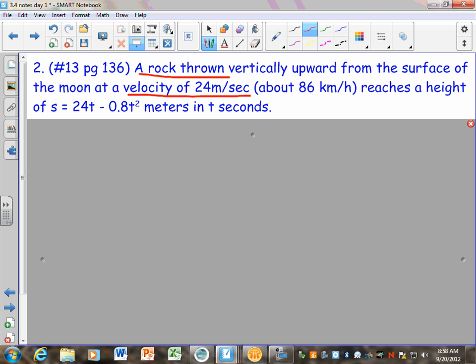And it gives you that starting function. It says it reaches a height of s equals 24t minus 0.8t squared meters in t seconds. That means if I said how high was the rock after 4 seconds, you could just plug 4 into that problem, and it would give you the height. That's what the position function does.